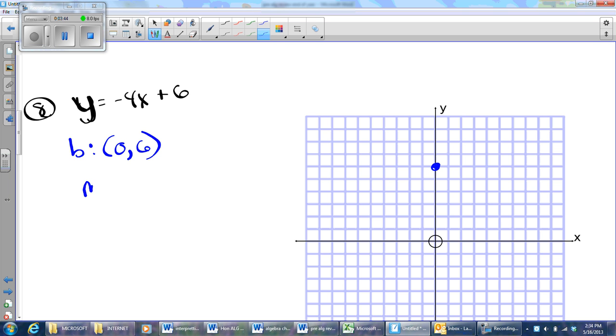And then my slope is going to be negative 4, or negative 4 over 1. So I'm going to go down 1, 2, 3, 4, and then positive 1. And I'm going to go down 1, 2, 3, 4, positive 1. And so now I am ready to graph my line. And there we go.